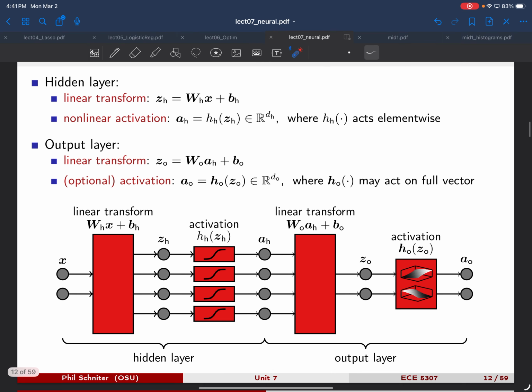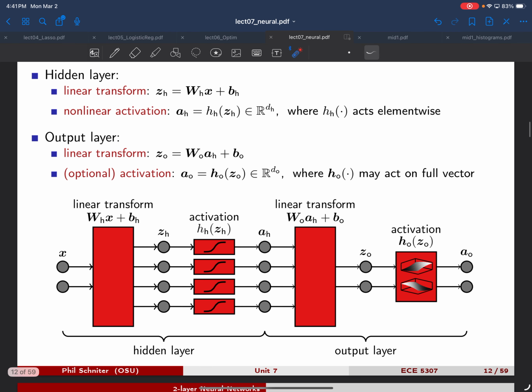So this is a similar picture to what I drew last time, except that I think really the only thing that has changed is I was a bit more general on what happens at the output here. So this linear transformation, we've seen this equation. It's the same one we saw last time. This is our nonlinear activation. Again, this applies element-wise.